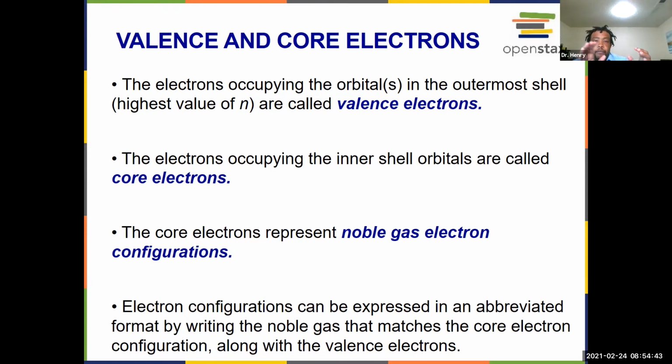So we have the core that is represented by the noble gas. In that case, you guys use argon. Argon would be the core, and then the extra electrons that are available for interacting would be the valence electrons, and they're the electrons that are in the outermost shells. Okay.